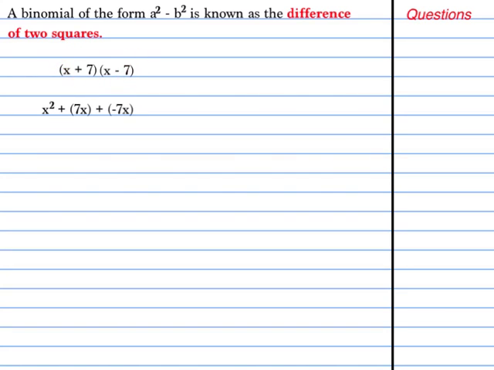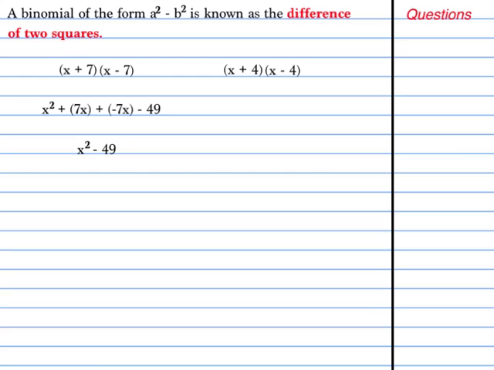Negative 7 times x is negative 7x. And then a positive 7 times a negative 7 is a negative 49. Now, when I go to combine my like terms, you're going to notice a 7x plus a negative 7x is going to cancel out. And that's going to give me x² − 49.